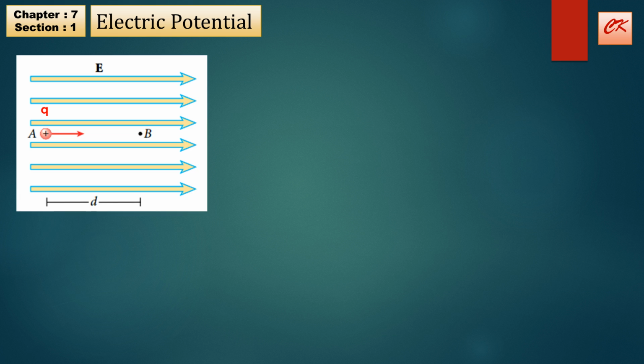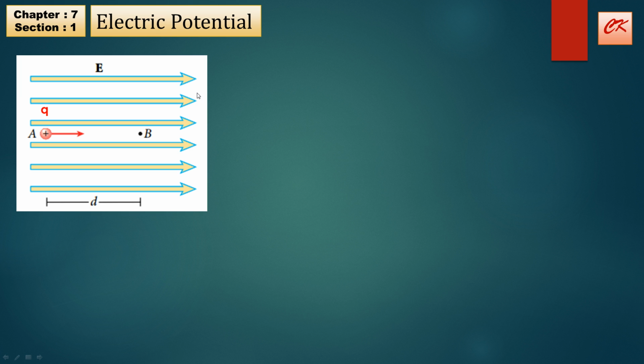Now we can discuss electrical potential energy. If you look at this field, it is the same as a gravitational field. I chose it to the right because gravitational force applies only downward, but electric force can apply in all directions. Here, electric field lines are directed to the right.